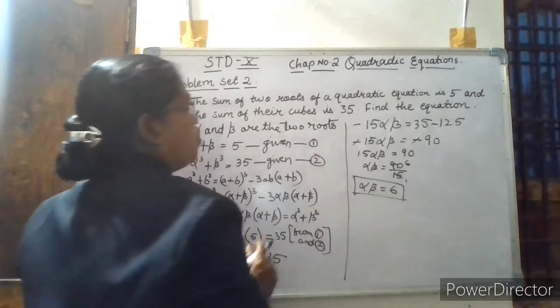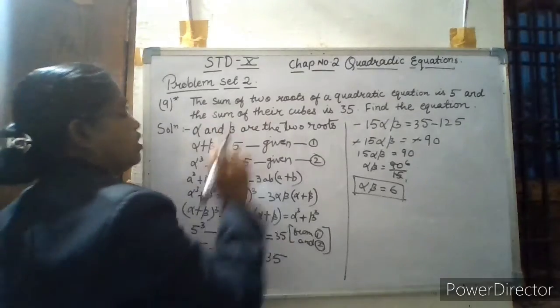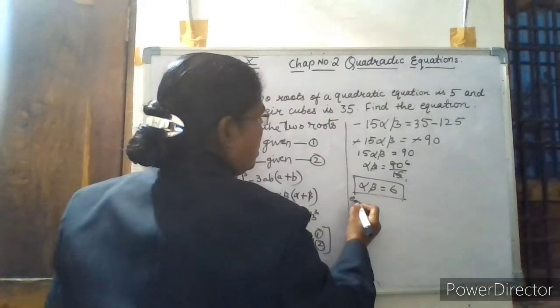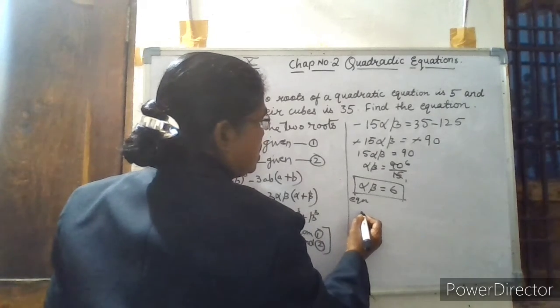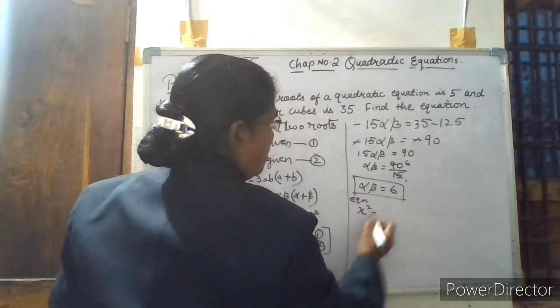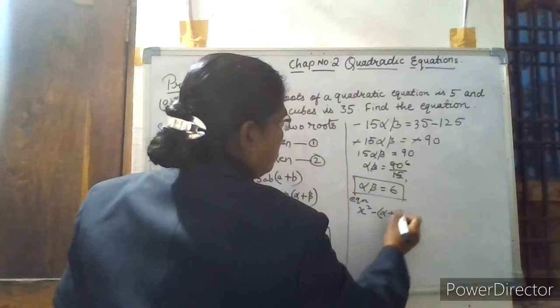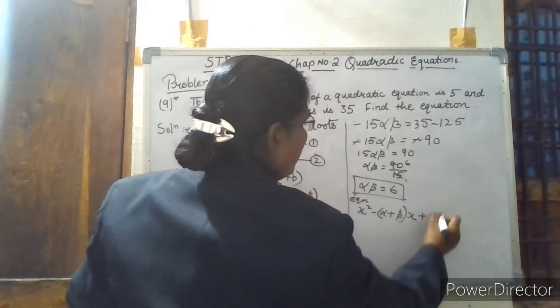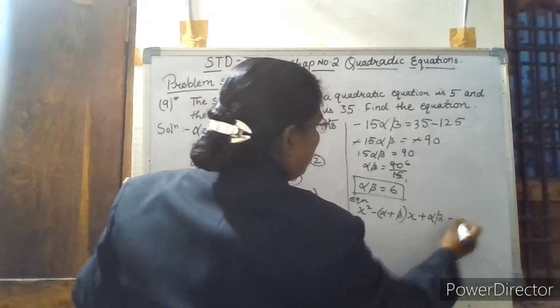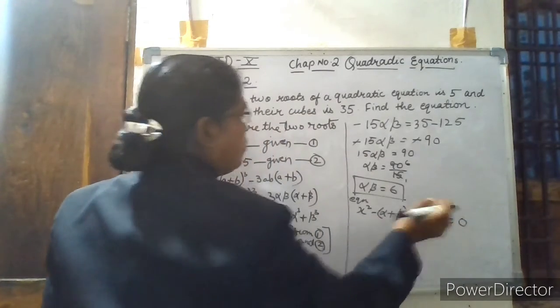Now we have to form the quadratic equation. The formula of the equation is x squared minus alpha plus beta into x plus alpha into beta is equal to 0. Now we got all the values.